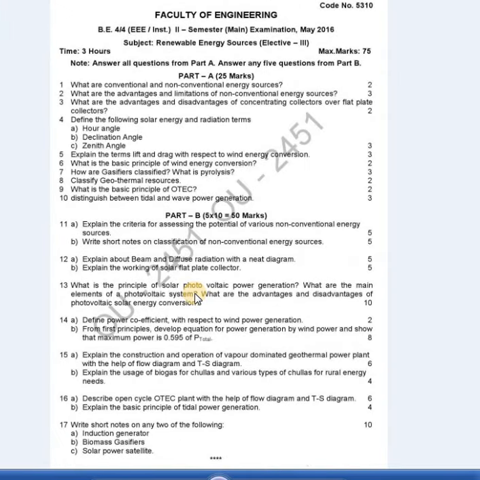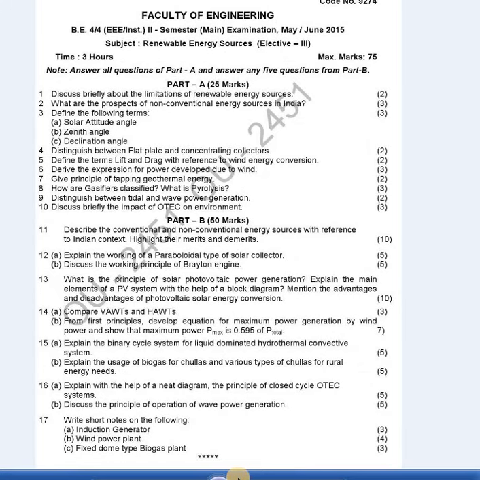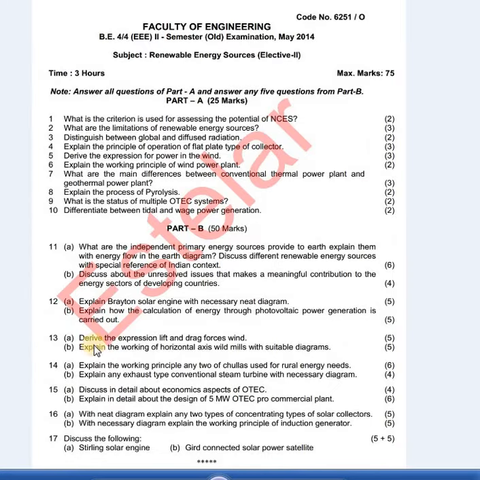So this is for your next question paper. Now, solar flat plate collectors, we have discussed this. You have to draw the diagram and it was presented. In this you have global and diffuse radiation. Global radiation, as the word itself says, is the combination of beam radiation and diffuse radiation, so the global radiation is the sum of beam radiation and diffuse radiation.